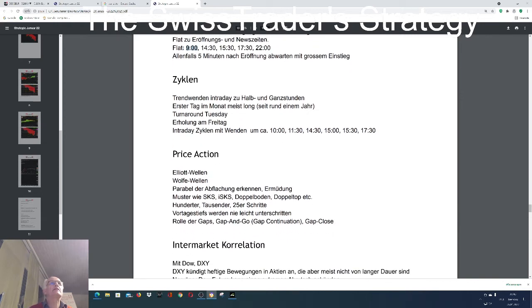And cycles, they are important. You often see trend changes only at half and whole hours. The first day in the month is very often long because there are capital inflows.